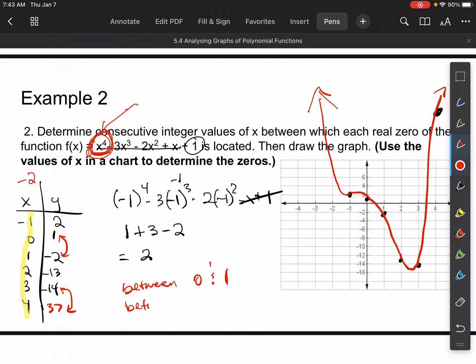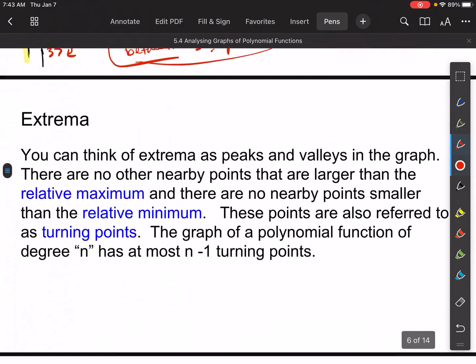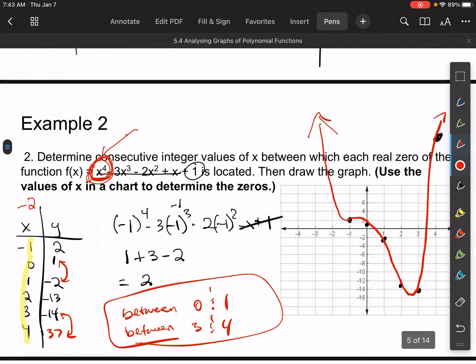That's how I knew I had to keep going. So between 3 and 4 we have zeros, somewhere in there. You can also use a graphing calculator, Desmos, something like that, to help you know where to stop. You can use that as a guide. But on your test, you'd have to have a TI.